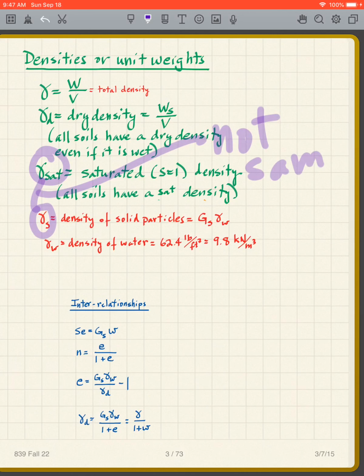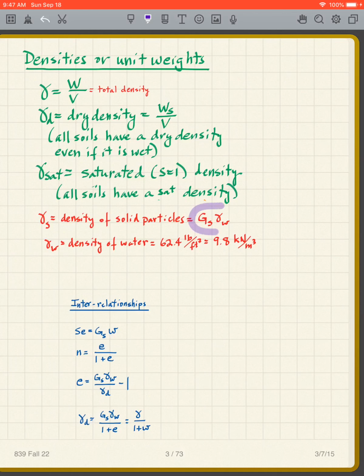Gamma S is the density of the solid particles, and it is GS times gamma W. So, like I said, the typical number for G sub S is, for instance, 2.7, because the density of a single particle, a rock or a small rock like sand, is going to be about 2.7 times that of water. And gamma W is the density of water, and you should memorize this, 62.4 pounds per cubic foot, or 9.8 kilonewtons per cubic meter.